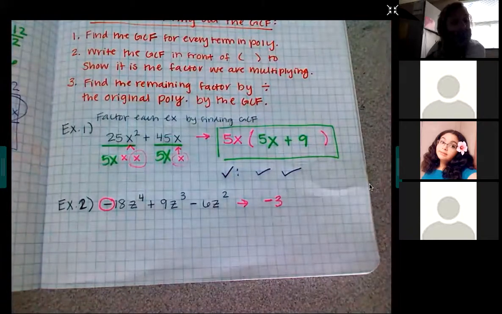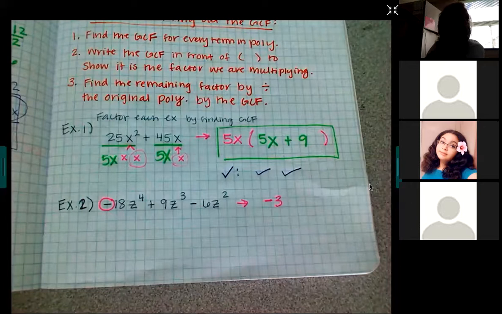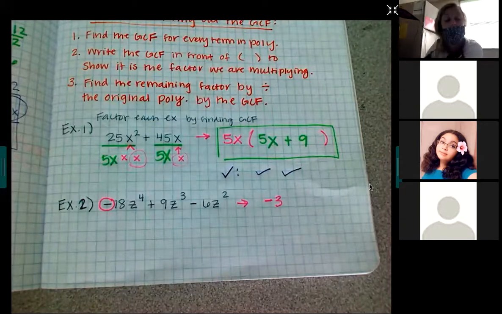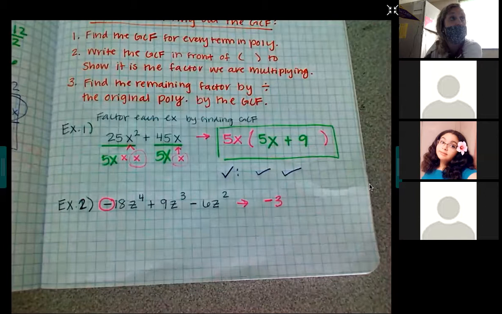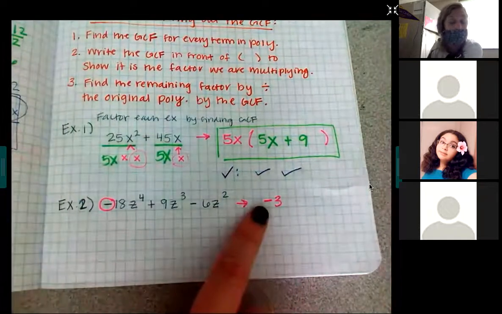Just like when I said, what are the factors of 8? Y'all told me 4 and 2 because 8 is positive. But if I say negative 8, then that first factor should be negative. We want to go ahead and take the negative out. Don't overthink it. If the polynomial is negative, your GCF is negative.